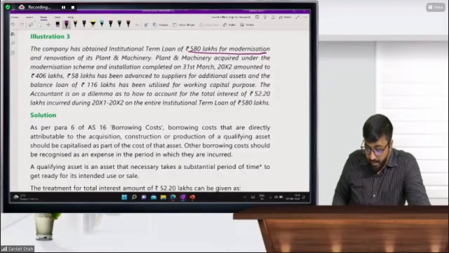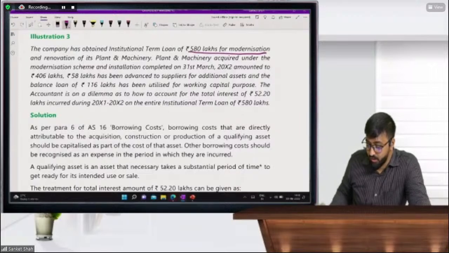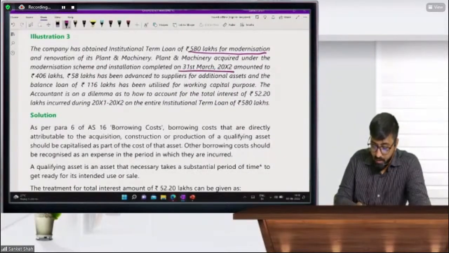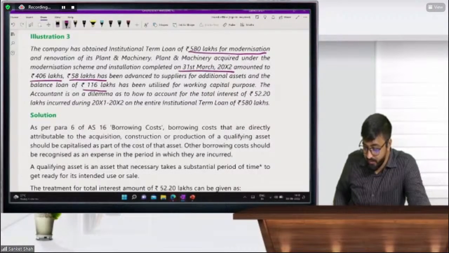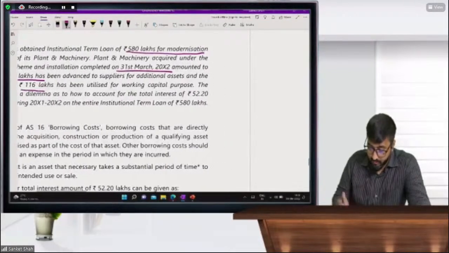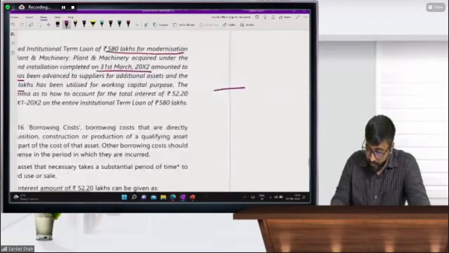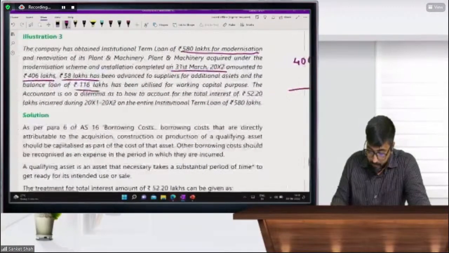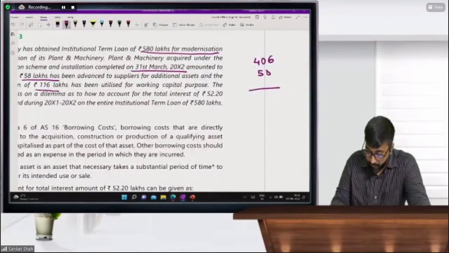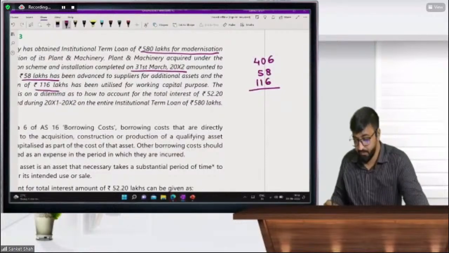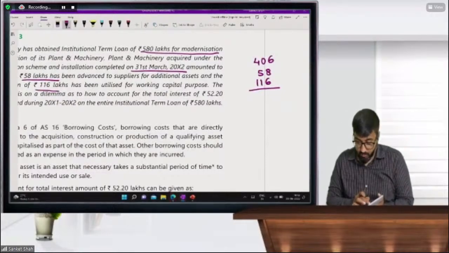Plant and machinery acquired under the modernization scheme and installation completed on 31st March 2002 amounted to 406. 58 lakhs advance to supplier for additional assets, and the balance 116 lakhs is utilized for working capital purpose. So interest, it's very simple. 406, 58 and 116. Let's take a total.